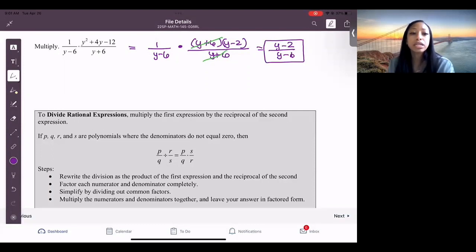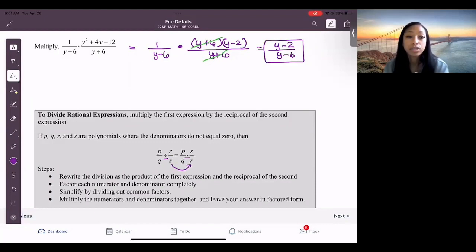So for every division problem with rational expressions, we'll start by rewriting the problem as multiplication by taking the second expression and multiplying by its reciprocal. So if we have P over Q divided by R over S, that's P over Q times S over R. So notice that we change the division to multiplication, and we change R over S to its reciprocal, S over R.